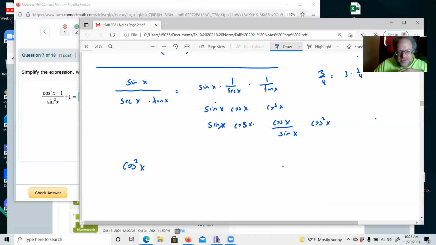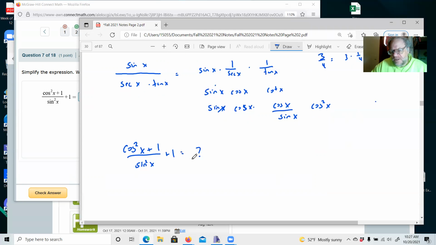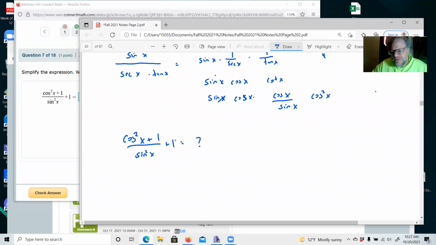Cosine squared x plus 1 over sine squared x plus 1 is equal to what? Okay, so let's see here. Why don't we do something clever, like turn our 1 into sine squared over sine squared. So we'll say cosine squared x plus 1 over sine squared x plus sine squared x over sine squared x.